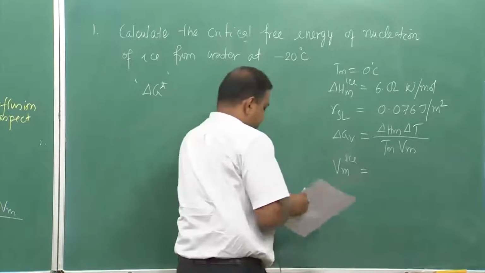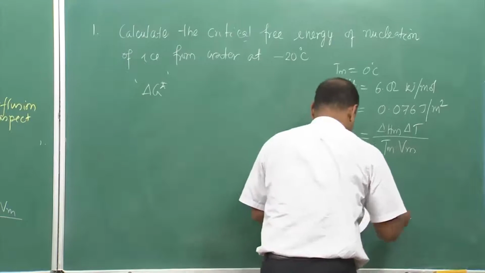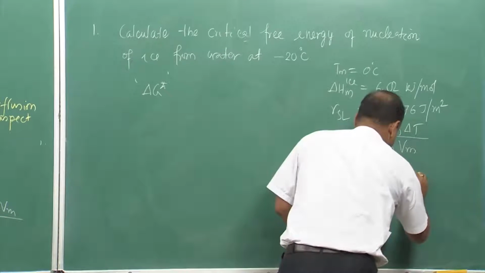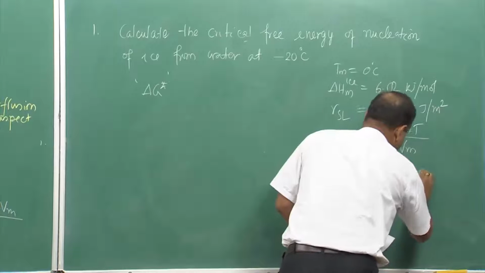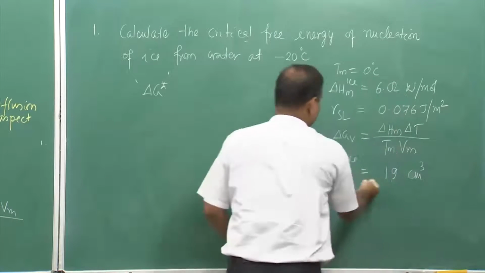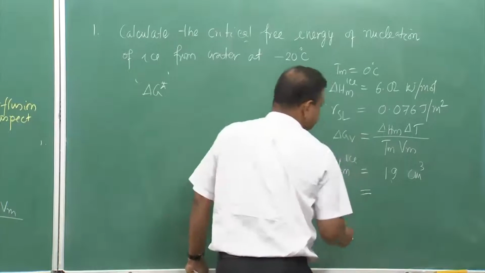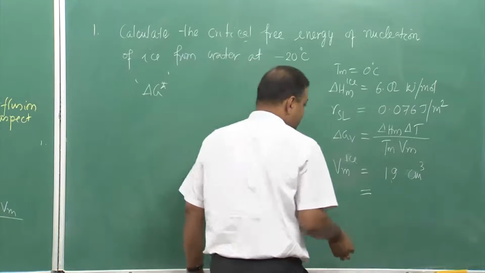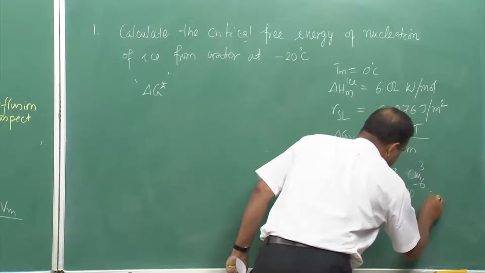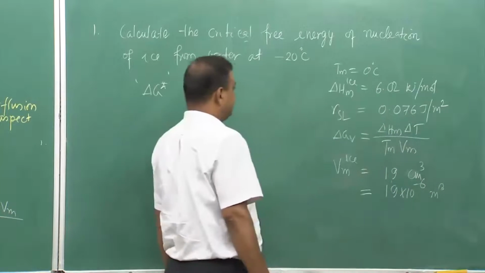So, this Vm is 19 centimeter cube per mole. Now we can convert it into meter cube. So, 19 into 10 to the power minus 6 meter cube per mole.